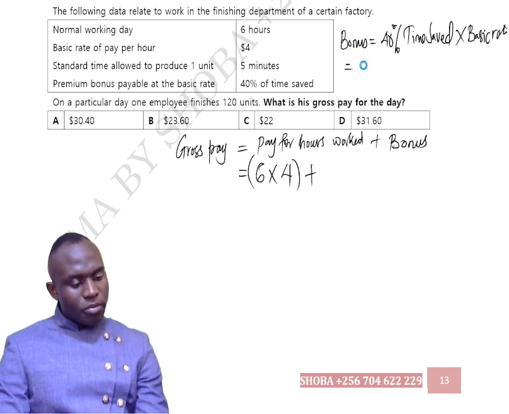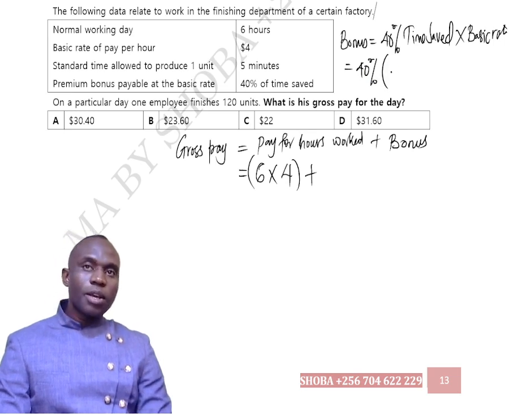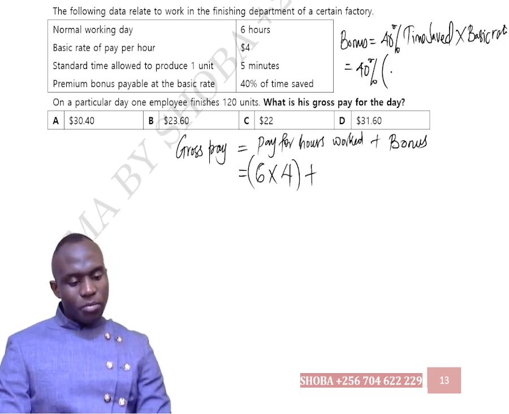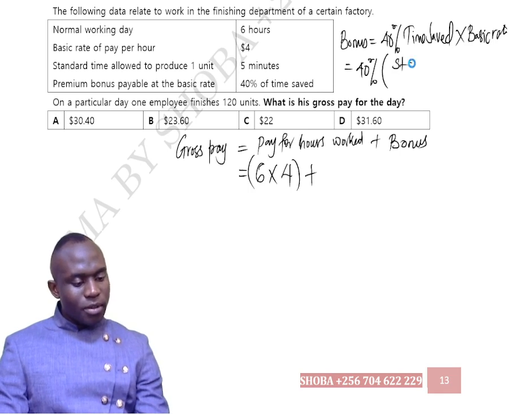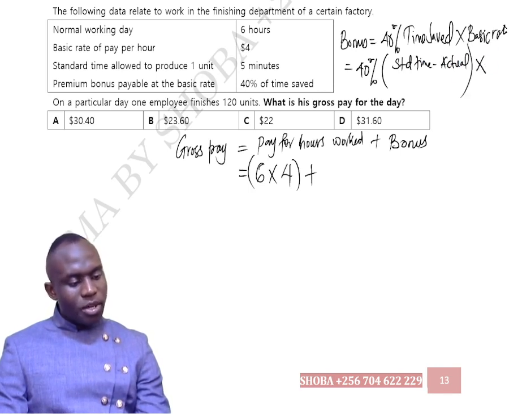So this is going to be 40%. Now what is the time saved? It is standard time taken, what is the expected minus actual? So this is standard time minus the actual hours taken. So all this times the basic rate, which is now $4.